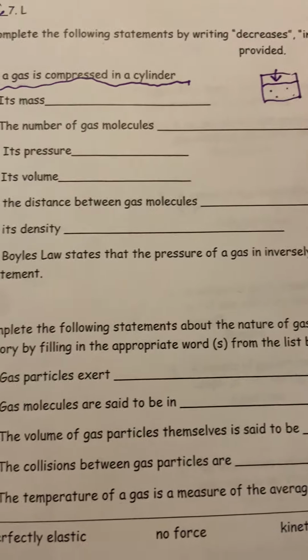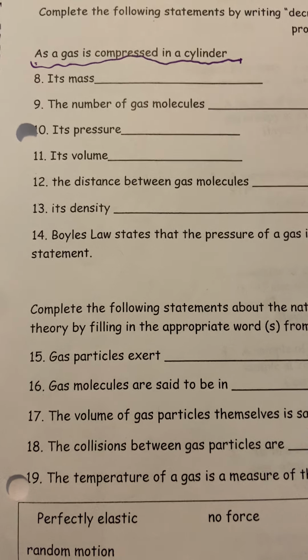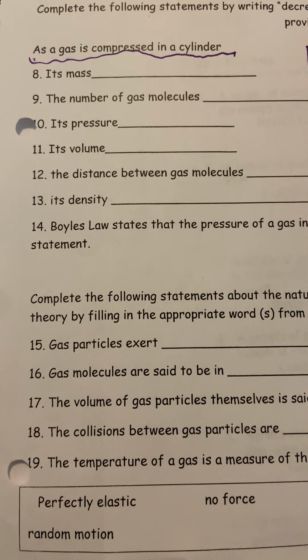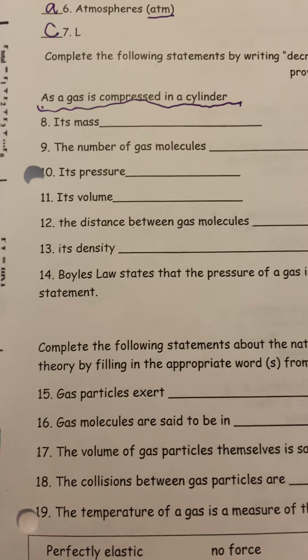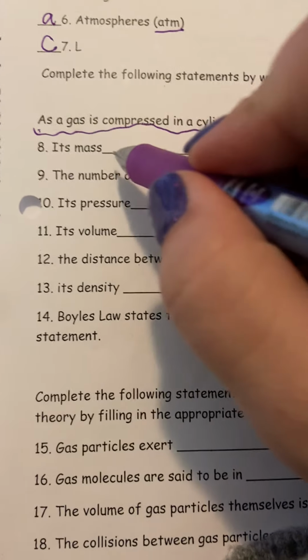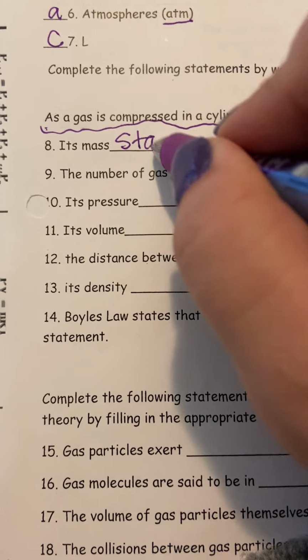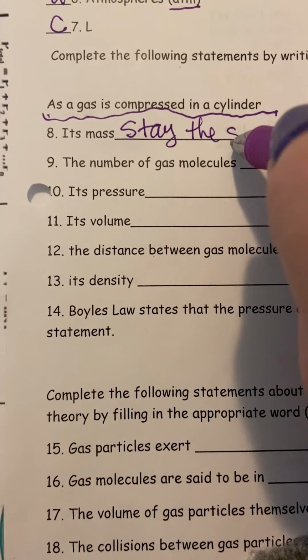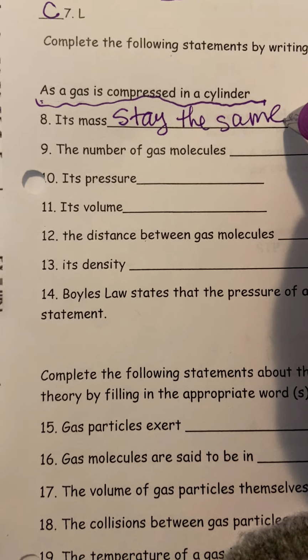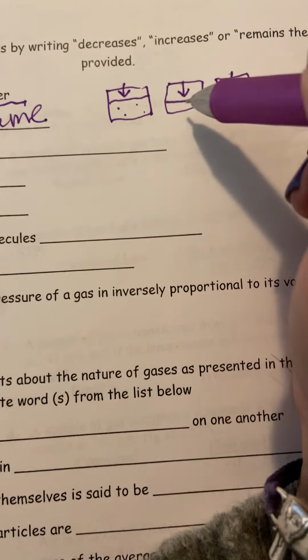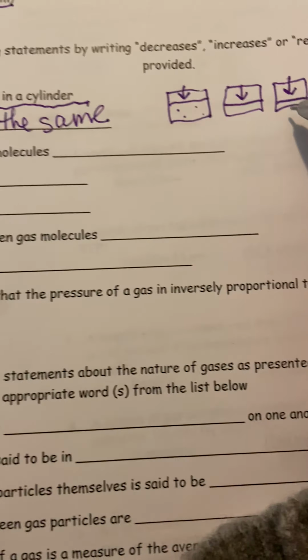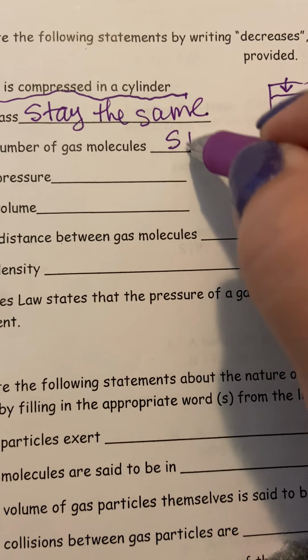Okay, now I want to remind you about the law of conservation of mass/matter. So if it's mass, then it's obviously going to do what? It is going to stay the same. The number of gas molecules, even as it's being pushed down, those gas molecules aren't escaping the cylinder, so they are also going to stay the same.